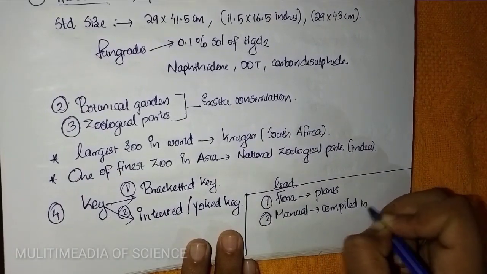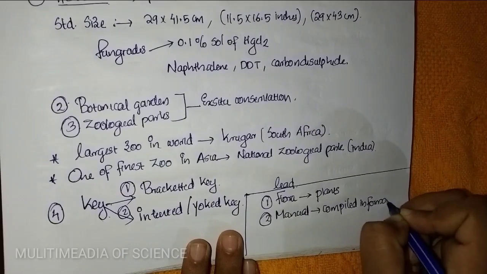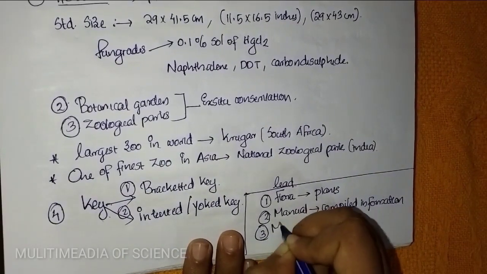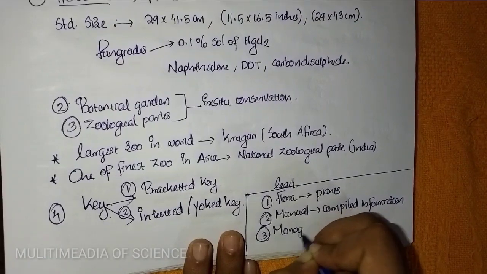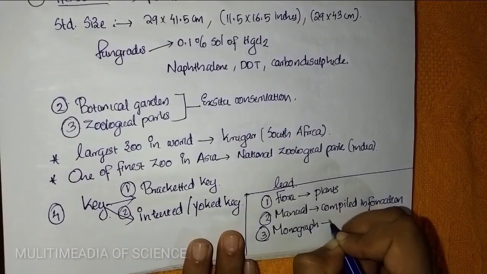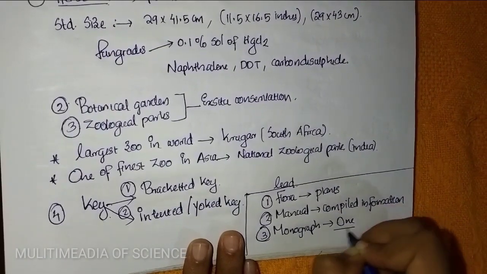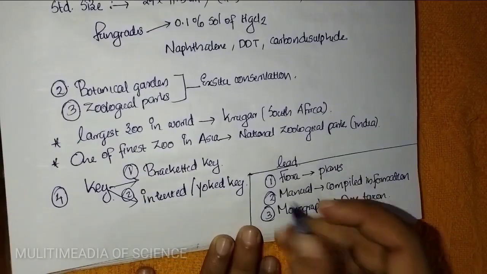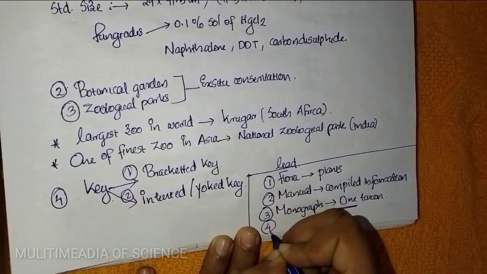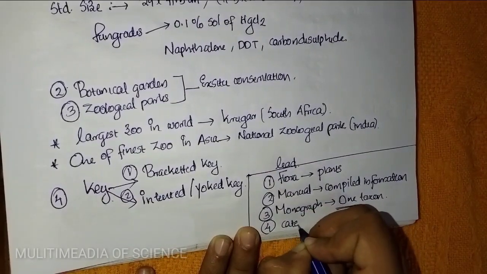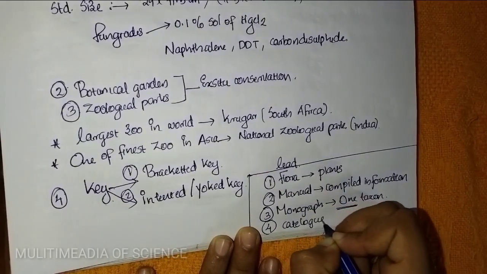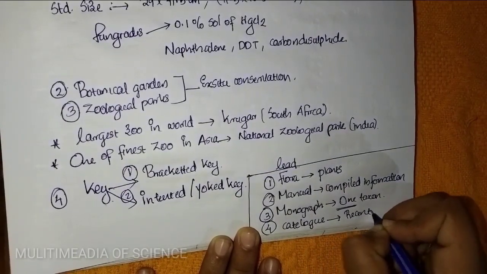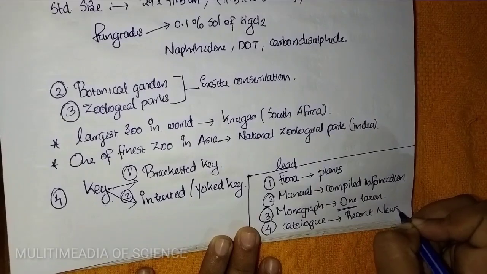Next is monograph. Mono means only one, so a monograph discusses only one taxon. Clear? Then the last, fourth one is catalog. Catalog is about recent news.